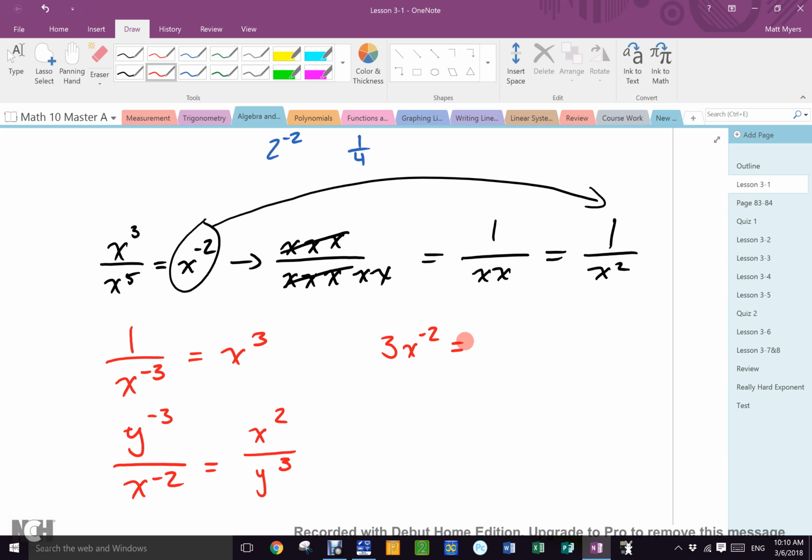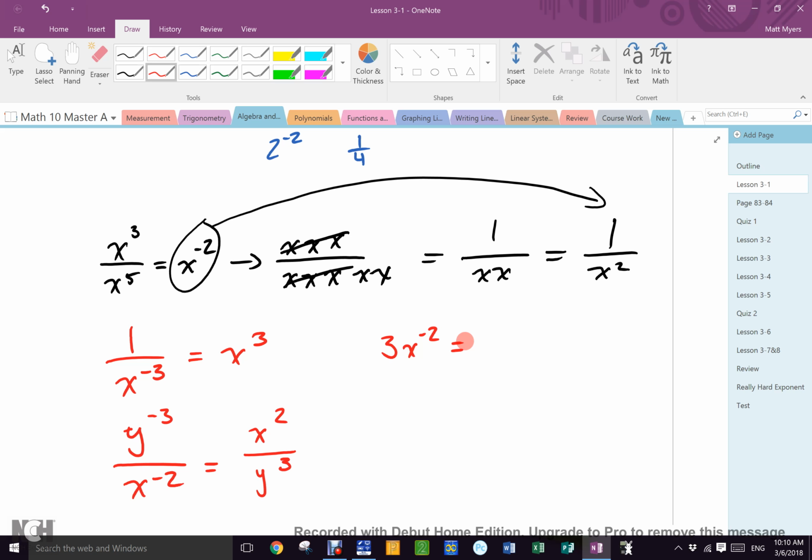What does that negative exponent apply to? 3, x, or both? Just x. So is the 3 going to get touched? No. So it is 3 over x squared. Makes perfect sense, right? Just like all the other rules.